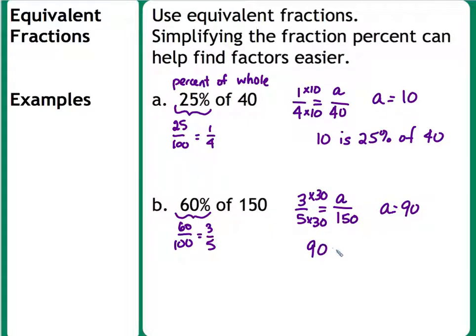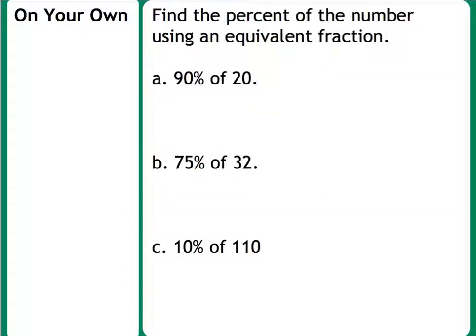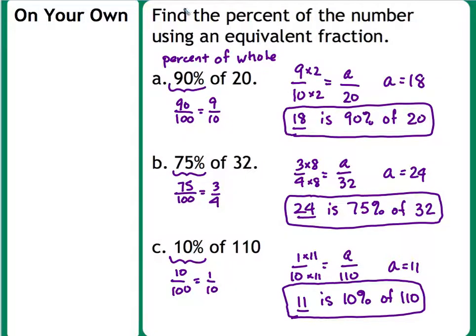So 90 is 60% of 150, just like it was before. All right, so go ahead and try the next three, the on your owns, using equivalent fractions. You should end up with the same answers as the other on your own, just using a different method. And sure enough, you do end up with the same answers.